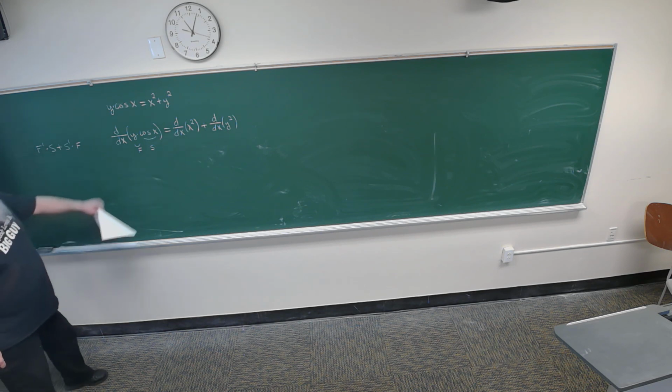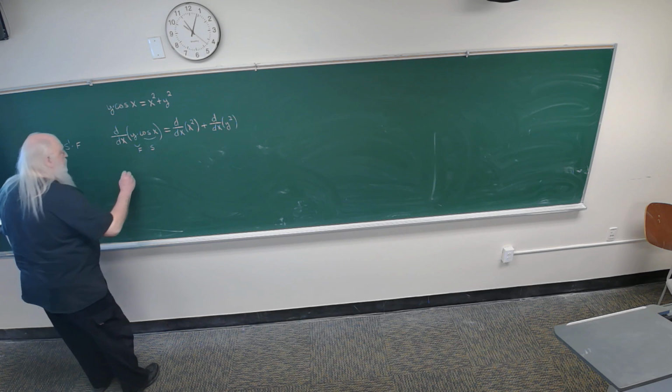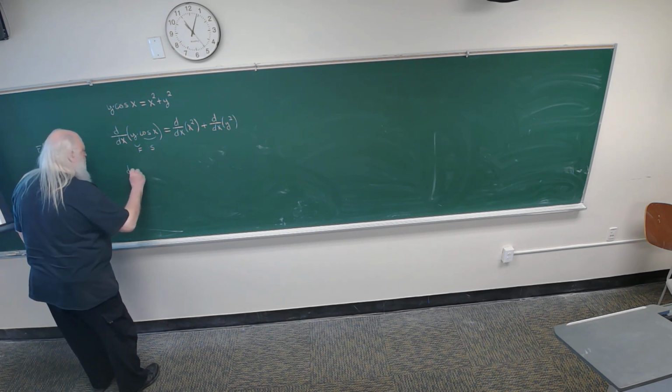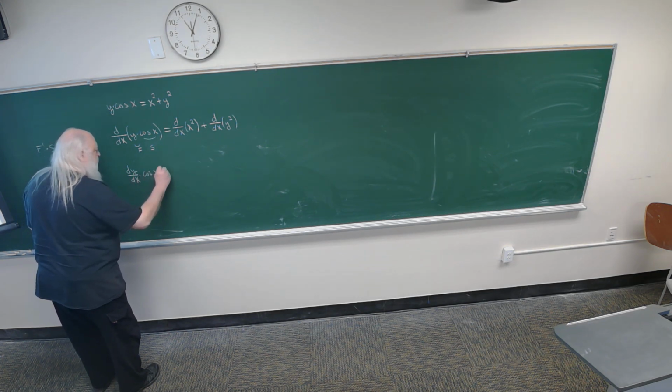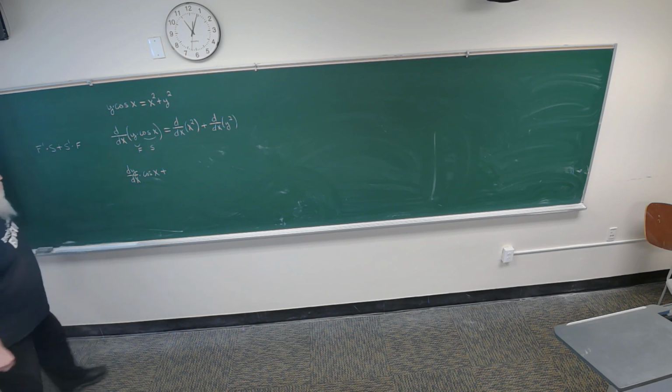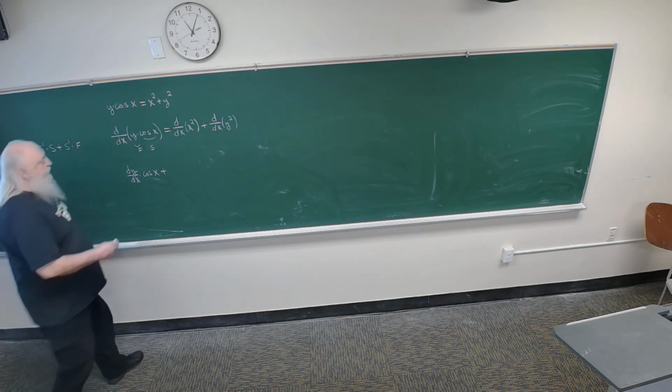So the derivative of y with respect to x is just dy over dx. Then we multiply that by the cosine of x. Then we add to that the derivative of the second function. Well, the derivative of cosine x is minus sine x.